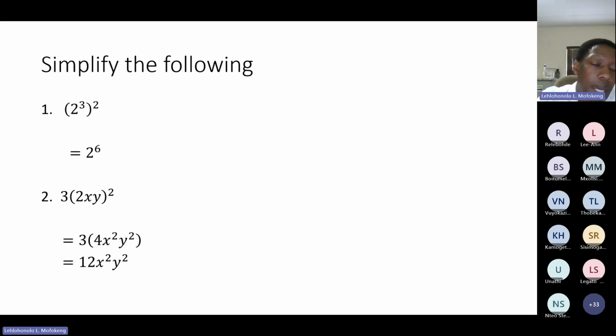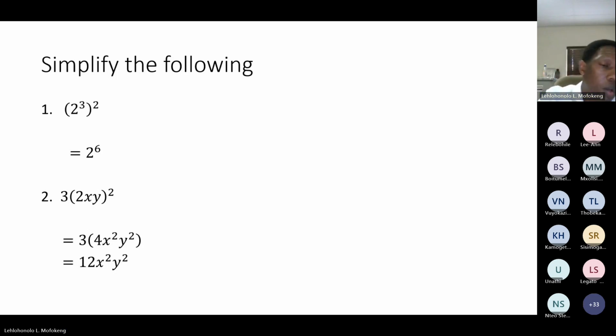We also multiply the exponent of y, which is 1, by 2. So we will have y to exponent of 1 raised to exponent 2. Therefore, it will be 1 multiplied by 2, which is y to exponent 2.